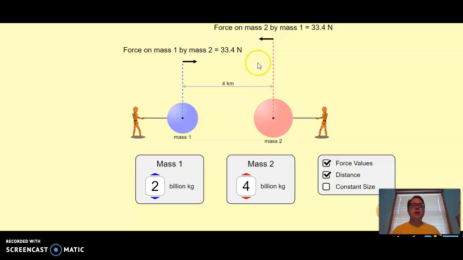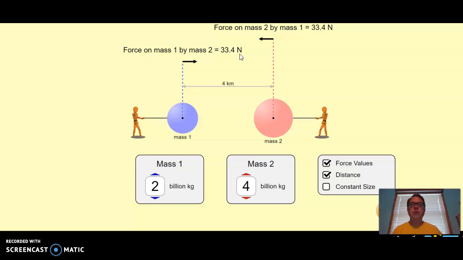But what I want you to see, up here at the top, we have some arrows. And these arrows represent the force of gravity that's pulling on these different objects. Over here it says force on mass 1. Blue is mass 1. By mass 2, the force is 33.4 N. That N stands for newtons, after Isaac Newton, who came up with the whole idea of what forces are.